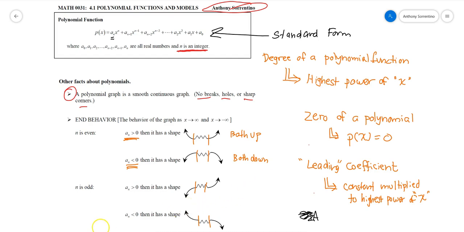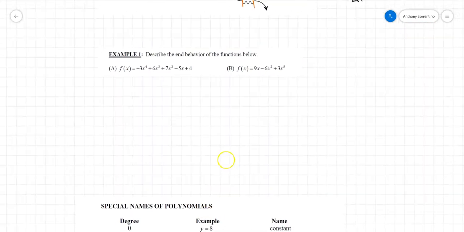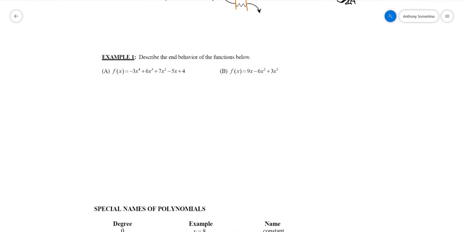So for the first example you're given, you're just simply asked to describe the end behavior, and that's by drawing that little picture of these two functions. Now, for this one here, when I look at the f of x for a, it is written in standard form, and this is a degree 4, which is even.